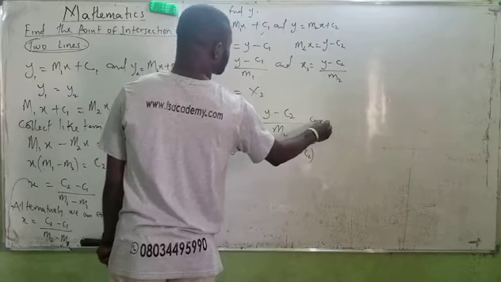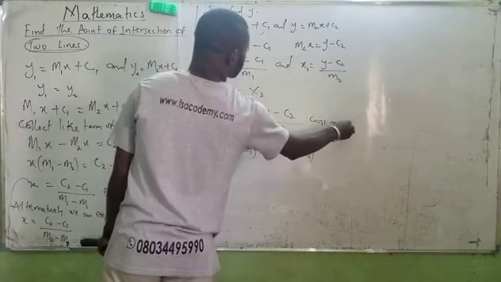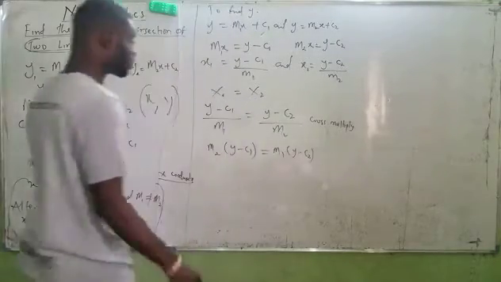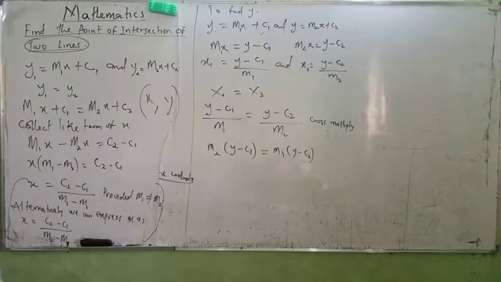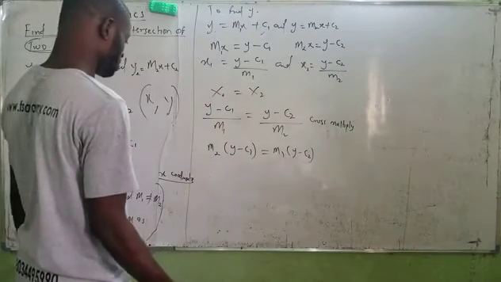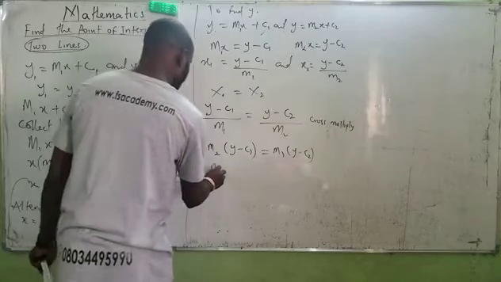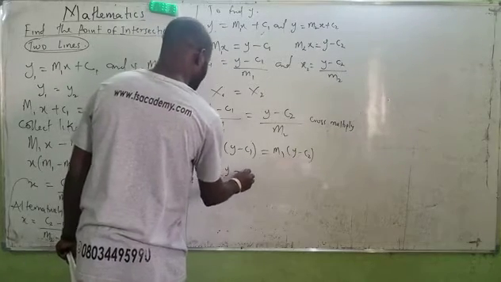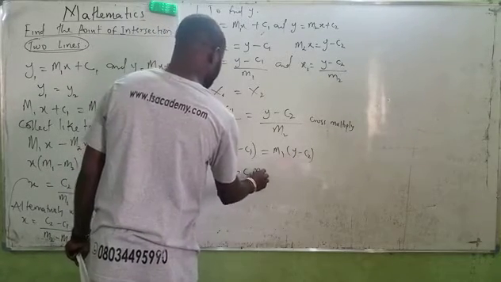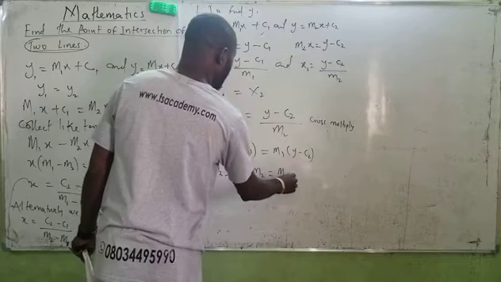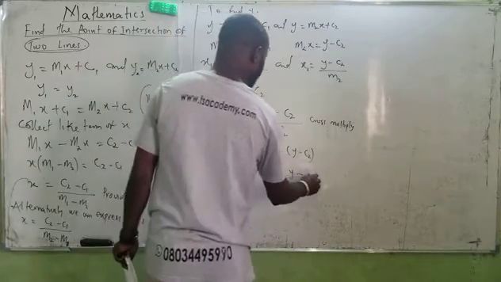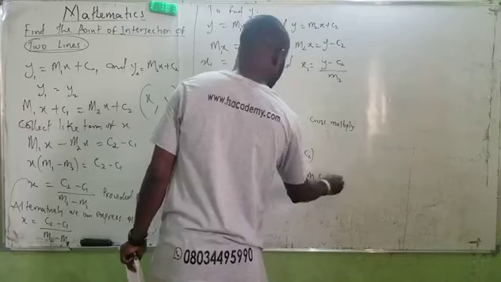I just cross multiply. Take note of that. Since I have that, I just want to work on y. m2y minus c1m2 equals m1y minus m1c2.